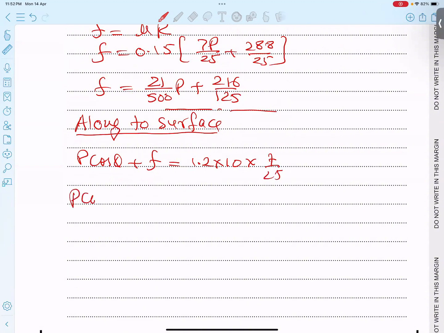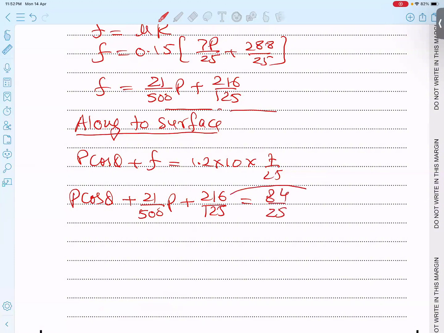So P cos theta plus 21 over 500P plus 216 over 125 is equal to 12 into 7 divided by 25, which gives 84 over 25. Now this will go to the other side, and from here I can take P common, but cos theta has a special value, which is 24 over 25.